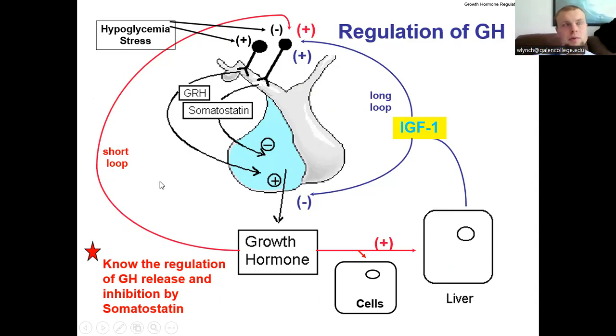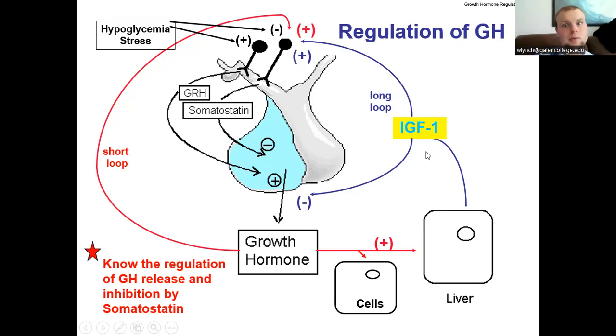That secretion is going to be short loop feedback onto the hypothalamus, down-regulating or inhibiting GRH release. We have the long loop, which is going to go from the distant tissue cells in the liver that is going to work back onto the anterior pituitary and the hypothalamus if there is enough circulating GH already.